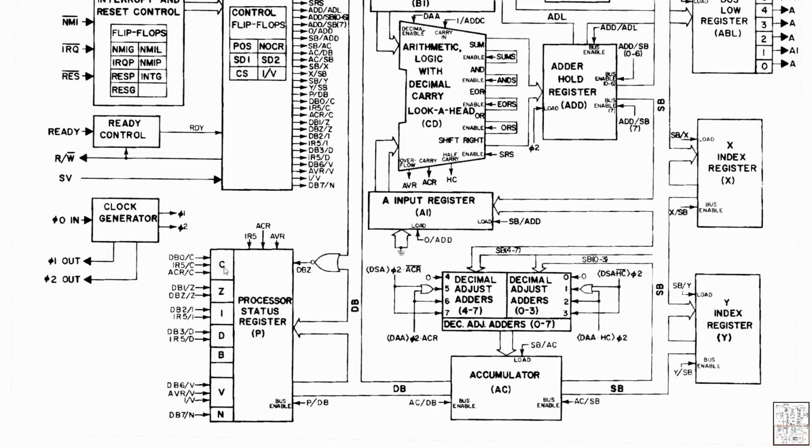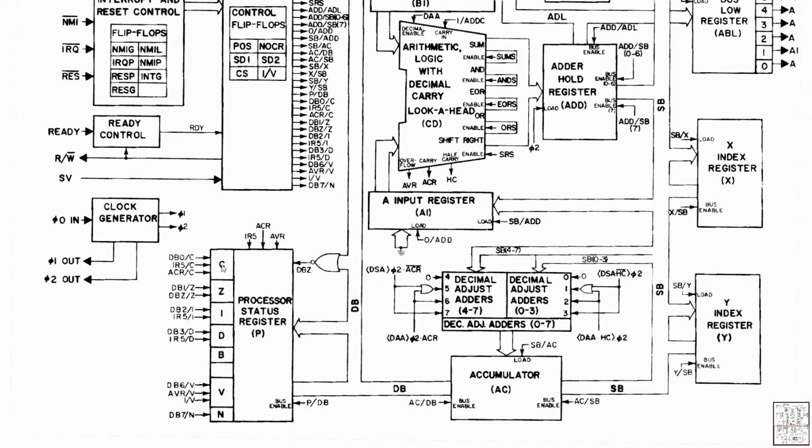Each one of those bits corresponds to a flag, and those flags are set or not set, 0 or 1, depending on the instructions that we use. So it's not something that we can manipulate directly. You need to use these operations, and those operations are going to set the value to either 0 or 1.